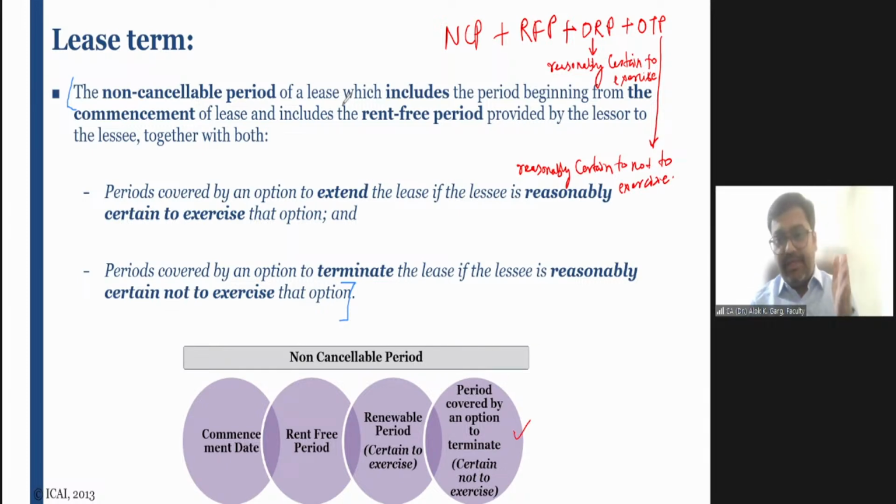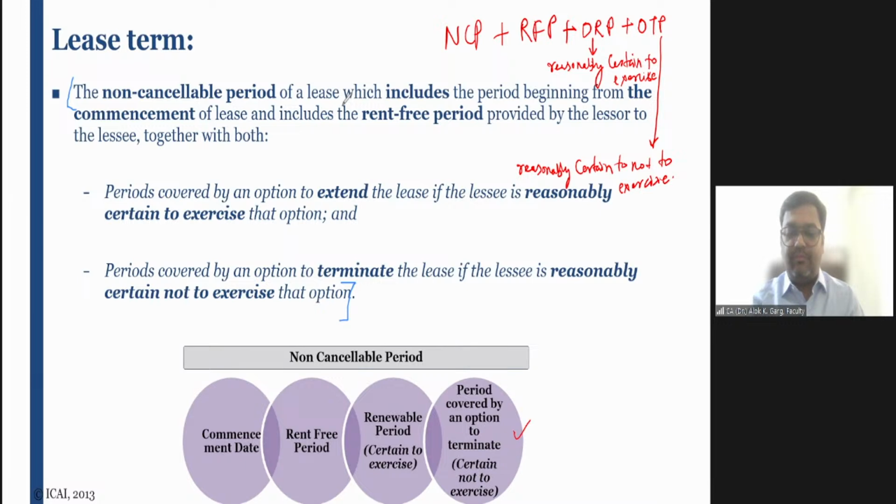So what is a commencement date? The date on which the underlying asset has been provided to the lessee for use. For example, 1st April 2020 is the commencement date. Now, in the next 6 months, the lessee has to use this asset to get ready for earning revenue.